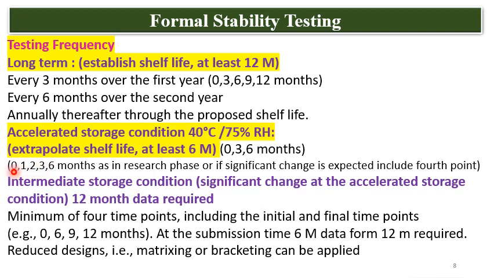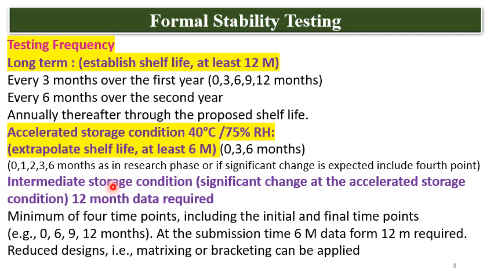Like we have to increase the sampling in this accelerated storage condition, like 1, 2, 3 and 6 months, as sometimes in the research phase we found that this product may generate impurity, for example at accelerated state. At that time the fourth time point can be included.